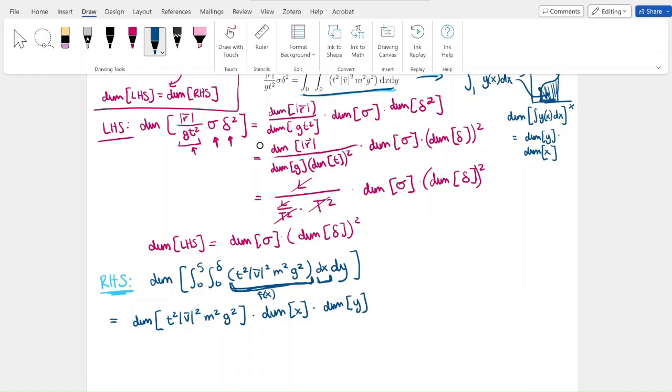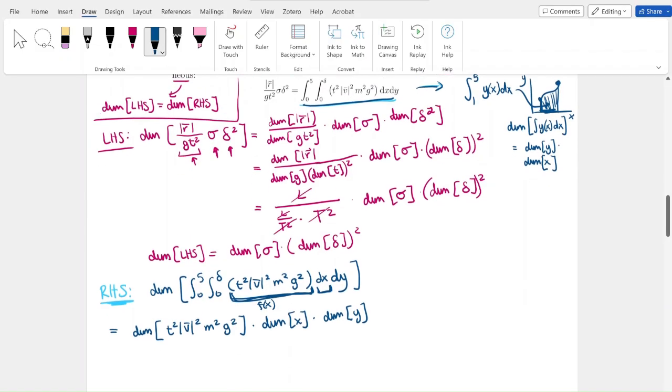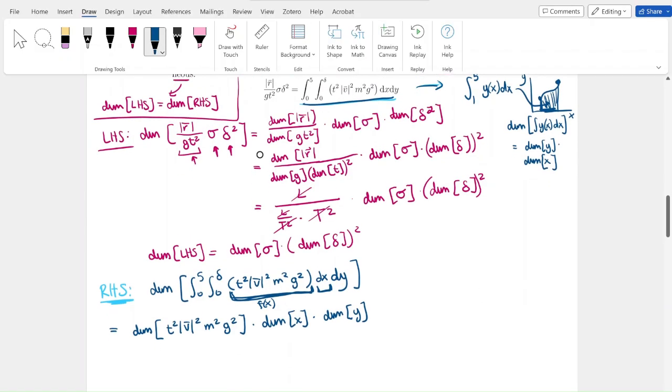This is because we have a double integral, so you would perform this process twice. After your first integral, you would have the dimension of this quantity times the dimension of x. And then for the second one, you would have the dimension of the internal quantity times the dimension of y.